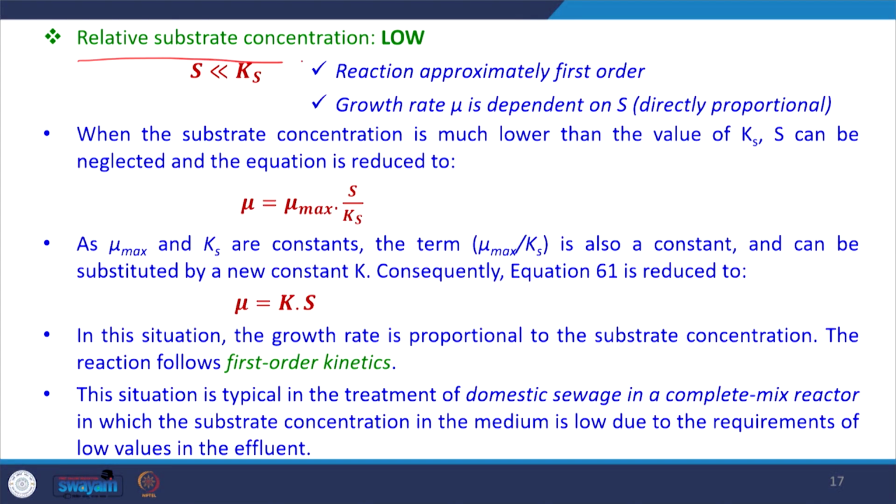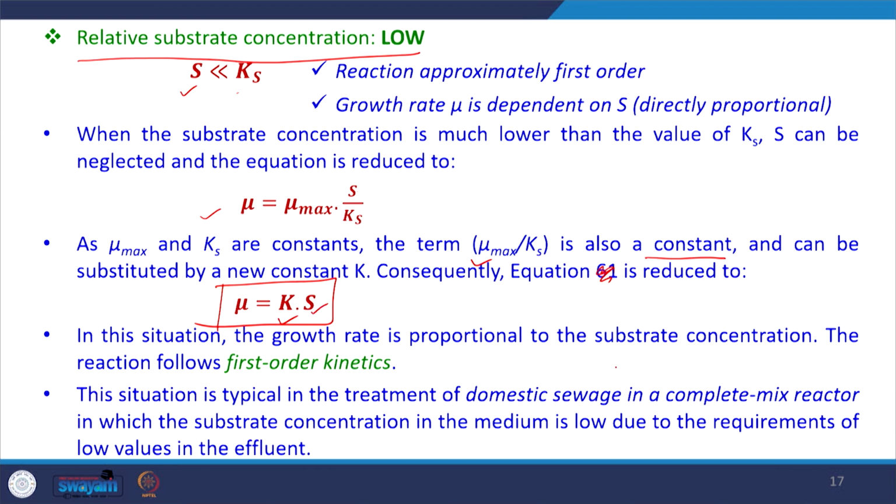Now, when the relative substrate concentration is low, that means S is much less than Ks, under that condition the equation becomes nu is equal to nu max S upon Ks. Now we can write nu max upon Ks as another constant K, and thus the equation changes to nu is equal to K S. So, now the growth is a function of substrate.